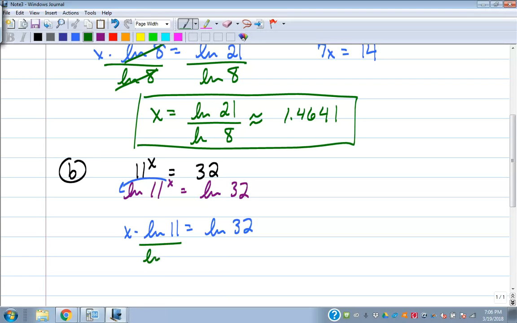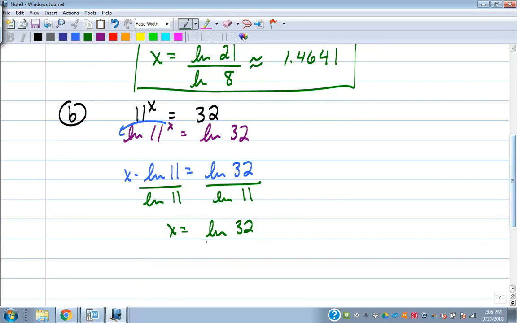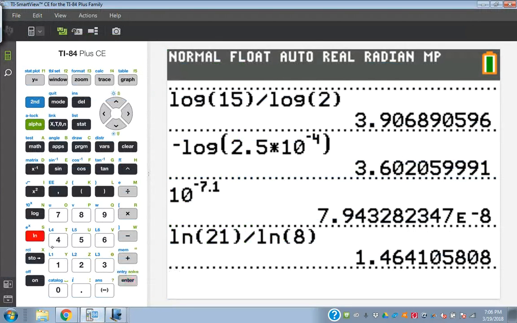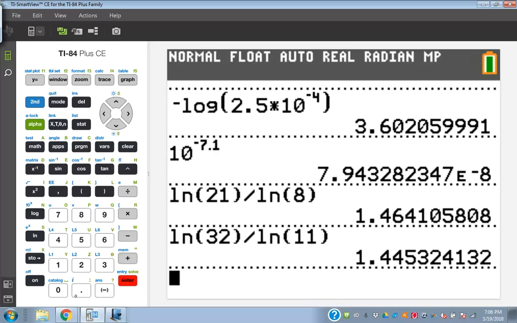Divide by natural log of 11. Natural log of 32 over natural log of 11. And let's get the decimal approximation for that. 2.4453.